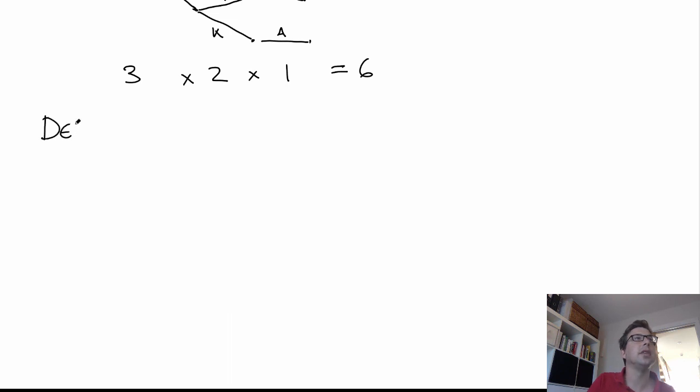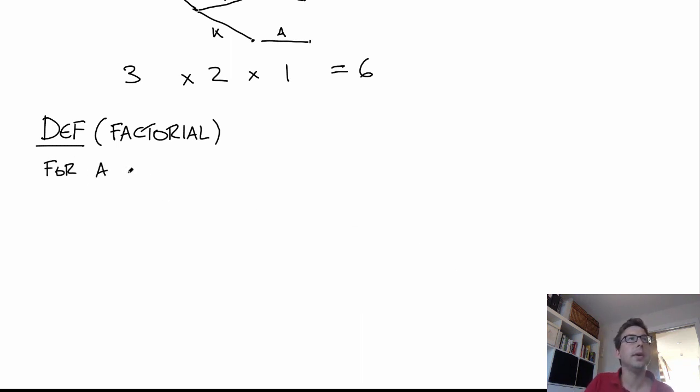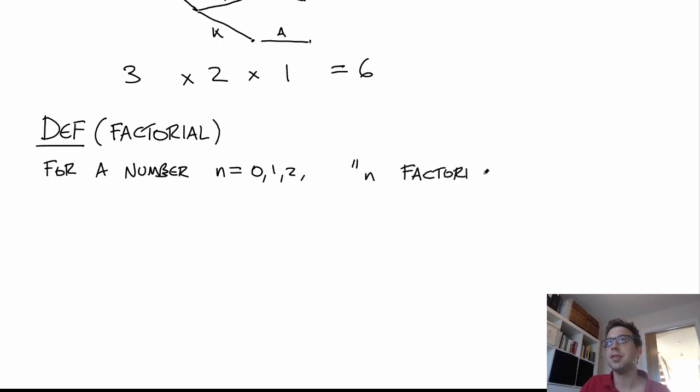Definition: for a number n, which could be 0 or 1 or 2, or any positive integer, n factorial, so we could say 5 factorial or 7 factorial, is written as n exclamation mark.